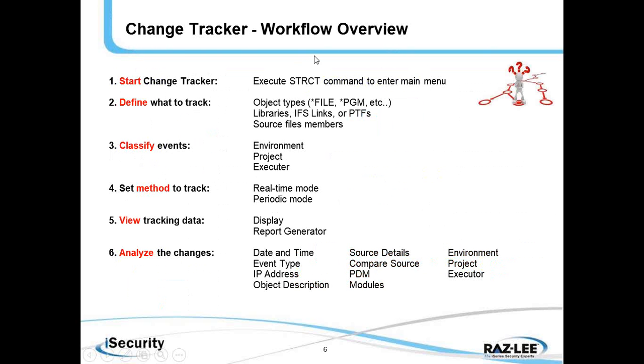Change Tracker workflow overview. You start Change Tracker by executing the STRCT command, and in turn what you do to implement it is define what you want to track: which libraries, what object types, what source files. You then can classify events according to your specific environment and projects and who the executor is, whether it's a program or a user. You can set the method to track, whether it's real-time or periodic.